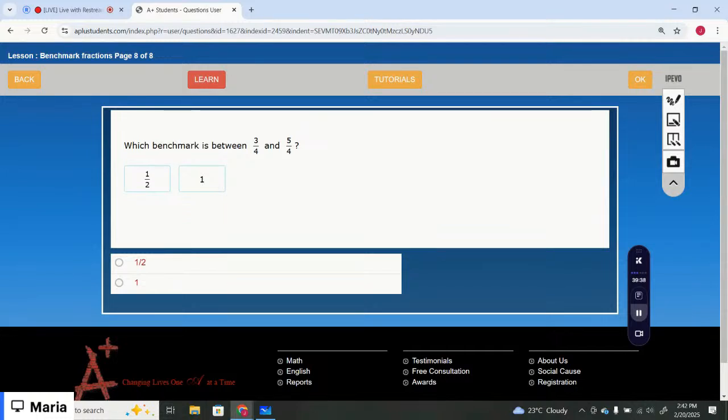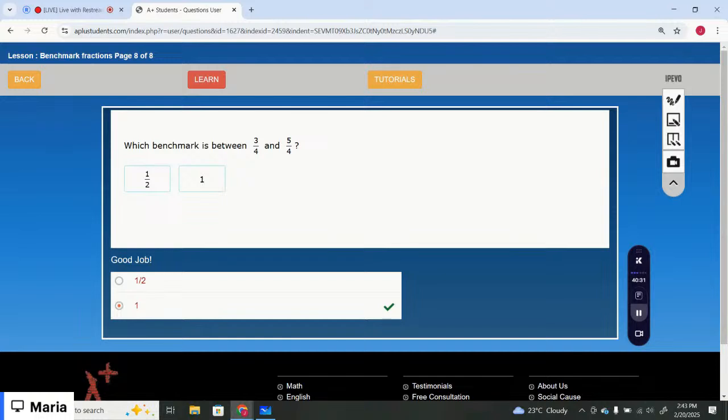Which benchmark is between 3 by 4 and 5 by 4? That is 5 over 4. Now the numerator is greater than the denominator, so the benchmark is 1.